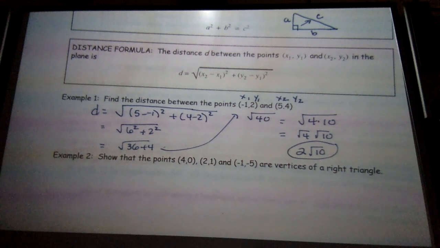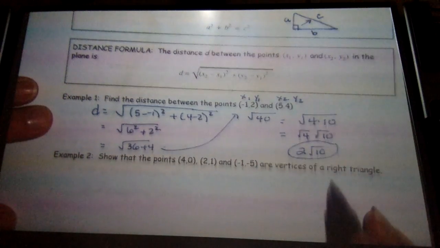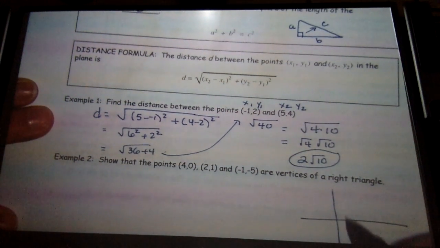Example 2 says, show that the points (4, 0), (2, 1) and (-1, -5) are the vertices of a right triangle. So how are we going to do that? I'm going to plot them.